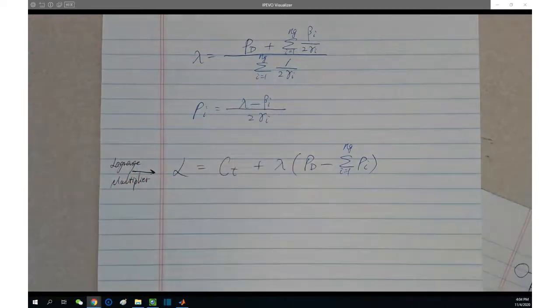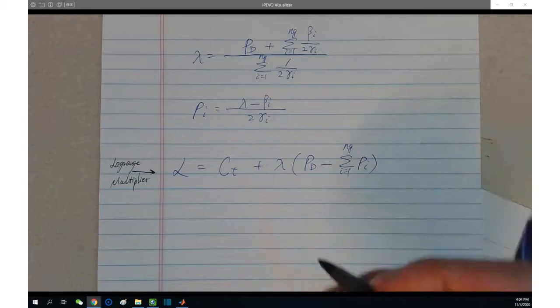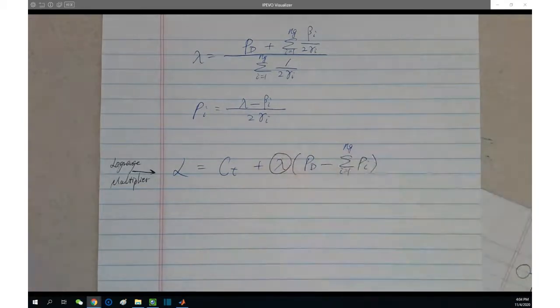Here, of course, it's telling you what lambda is. Lambda is an introduced unknown.